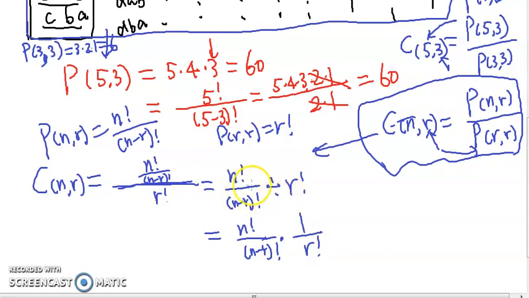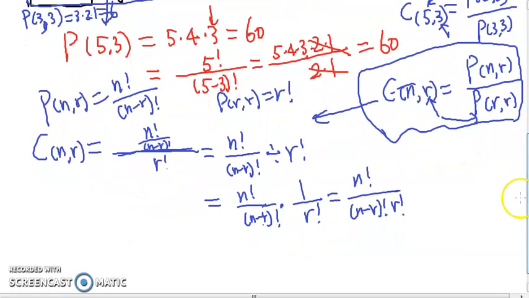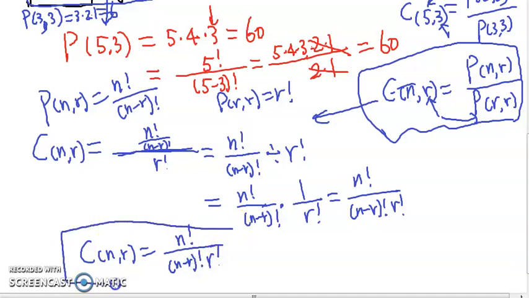Dividing fractions is like multiplying by the reciprocal of the second one. Then we multiply straight across. n factorial times 1 goes on the top. The bottom we have n minus r factorial times r factorial. So the final formula we got for combination is this: C n choose r is equal to n factorial divided by n minus r factorial times r factorial. So that's the final formula.